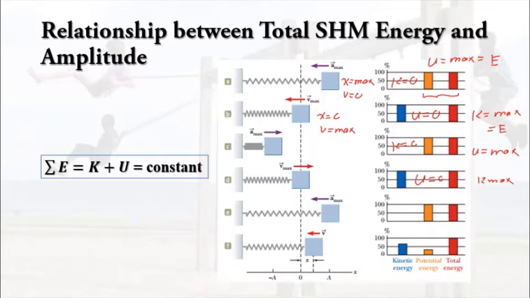Then you have to look at x. You use x to calculate their values. So K is not equal to 0 and not equal to the maximum value, and U is also not equal to 0 and not equal to the maximum value. But when you add them up, they still give the same total energy. E is still the same as at the other positions. So this is the meaning of E being constant in an oscillation.